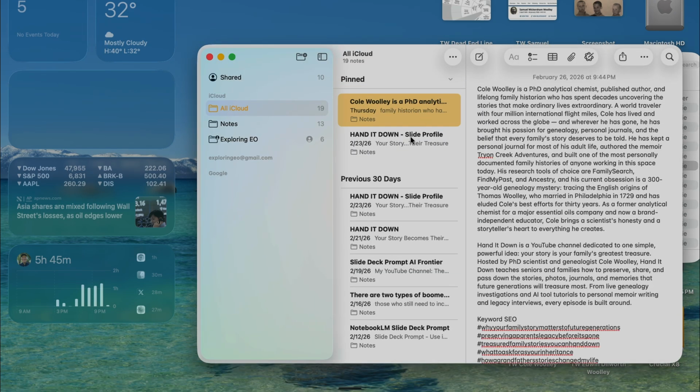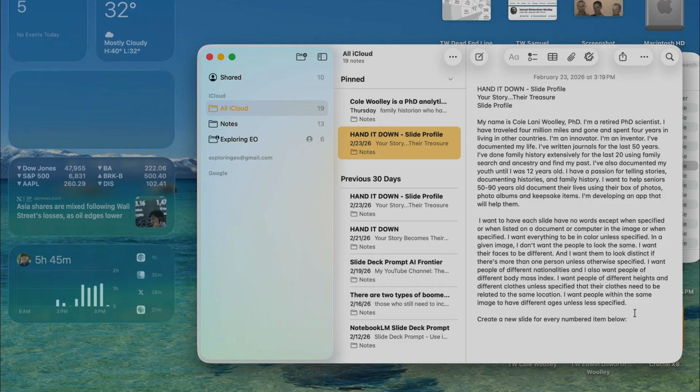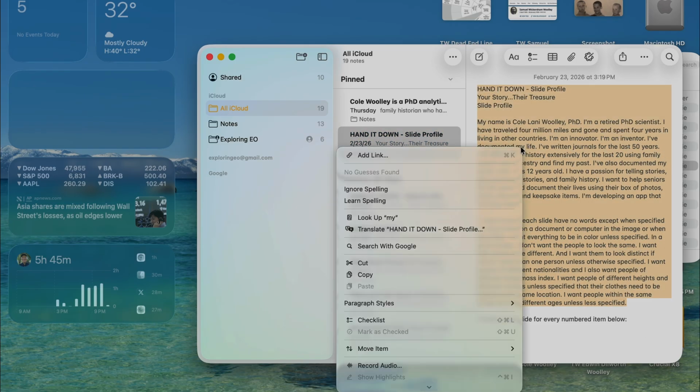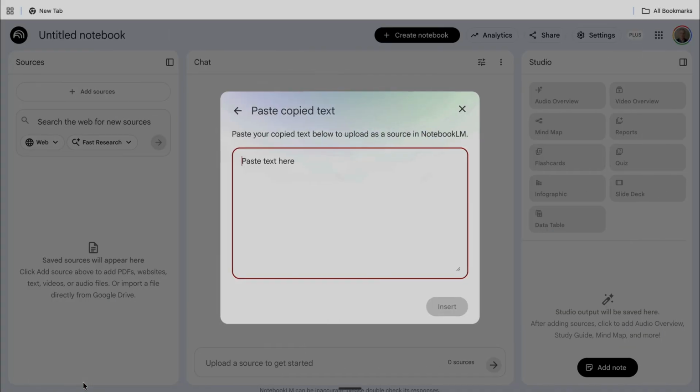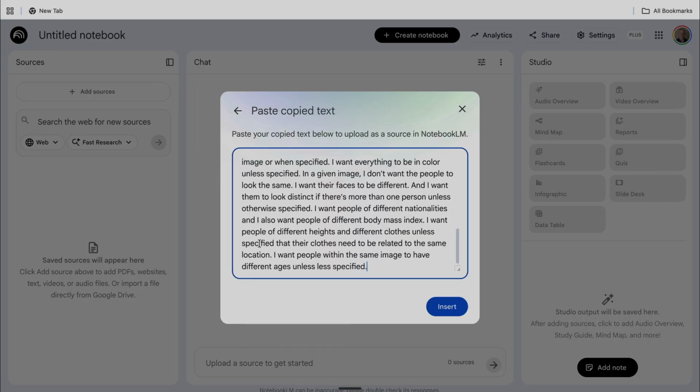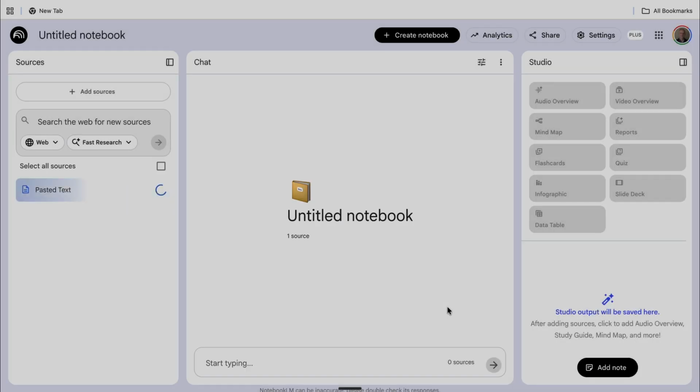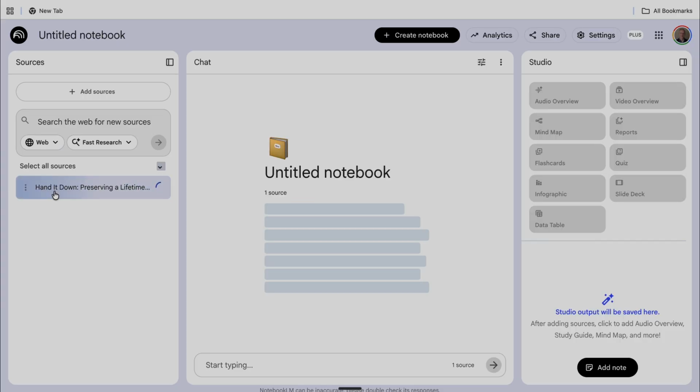Like right here, handed down profile. I just copy this. Basically it tells the notebook what I'm trying to do. And that's stored over here.